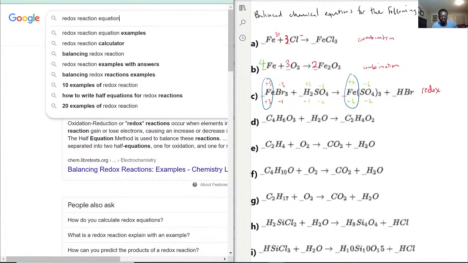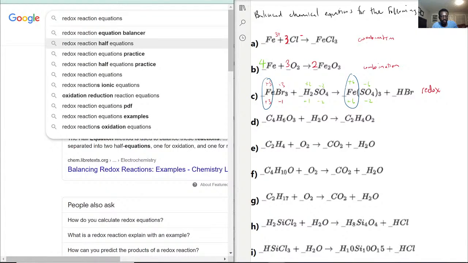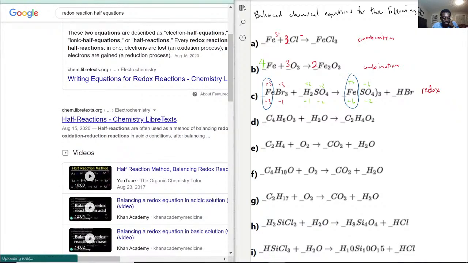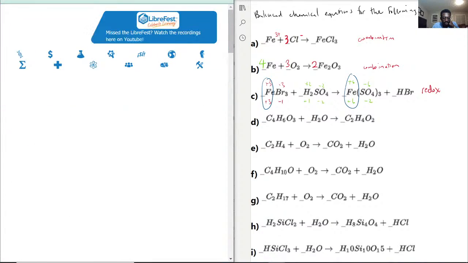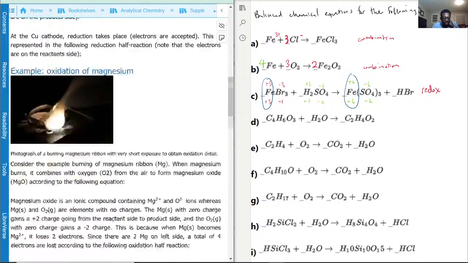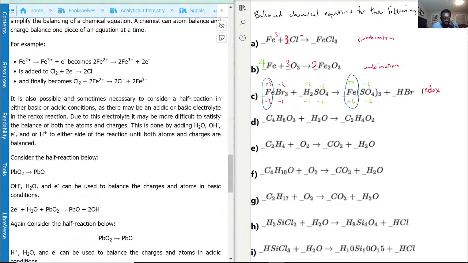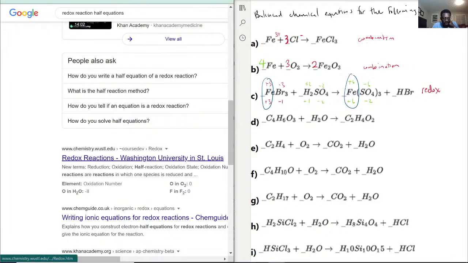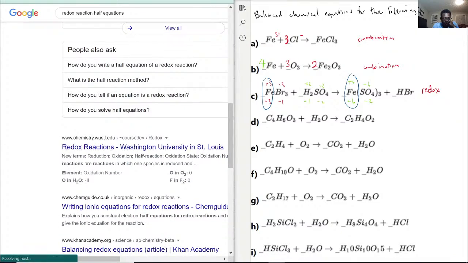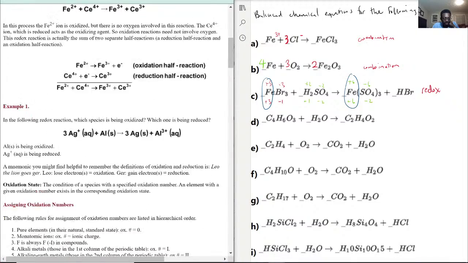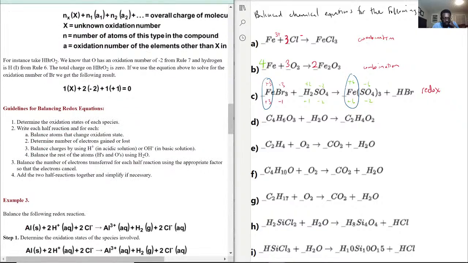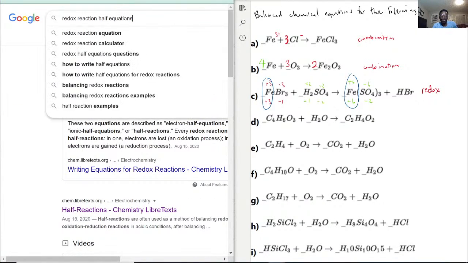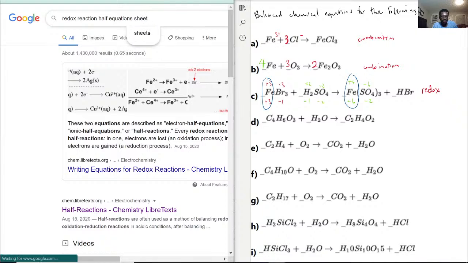Nope. Redox reaction half equations. Okay, there we go. Half reactions, please. I just want the nice generous list, because I'll probably save it after this. Redox reactions half equations sheet.